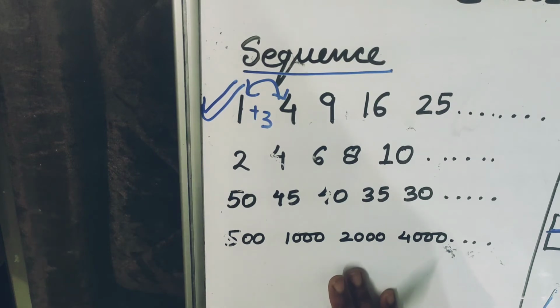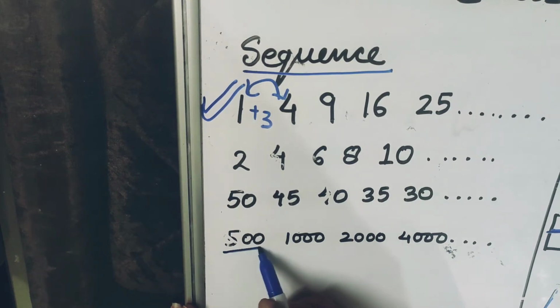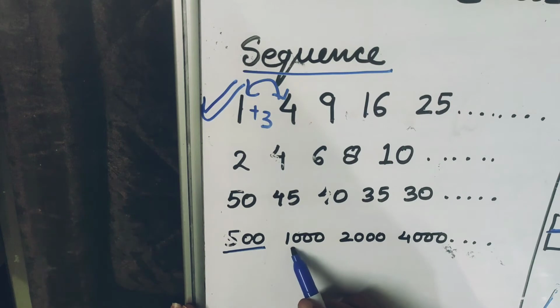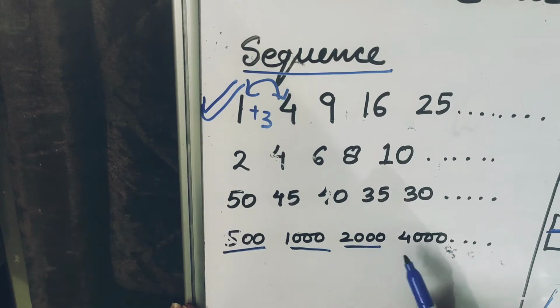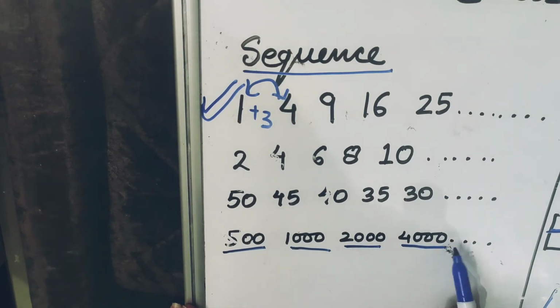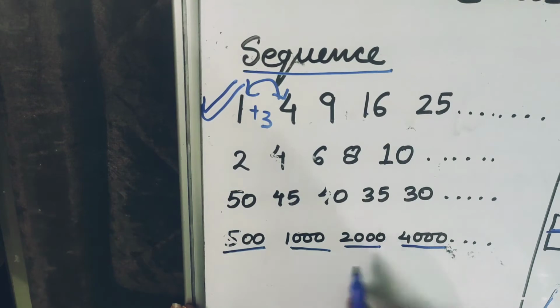In the first year he deposits 500 rupees, in the next year he deposits 1000 rupees, again in the next year he deposits 2000 rupees, then 4000 rupees. From these numbers you can easily see that they are following a pattern. A fixed amount of money is increasing, so it is like a pattern.